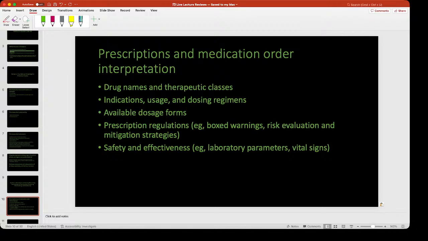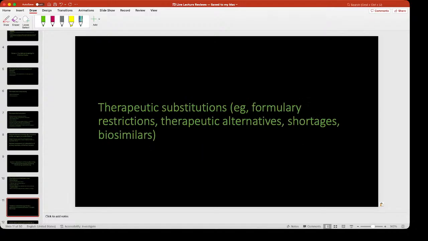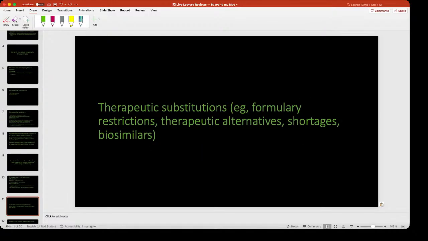So kind of look at all of that. Laboratory parameters, vital signs, potassium, sodium, chloride, all of those safety and effectiveness. And then therapeutic substitutions. We'll look at all of these in the next sections.